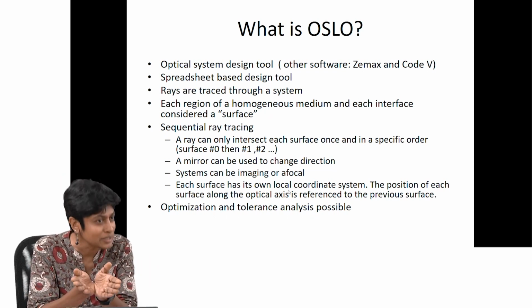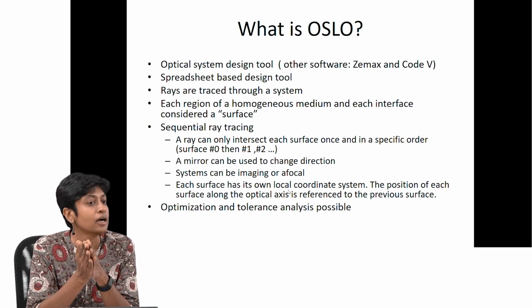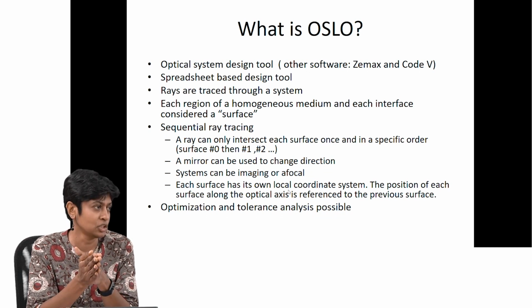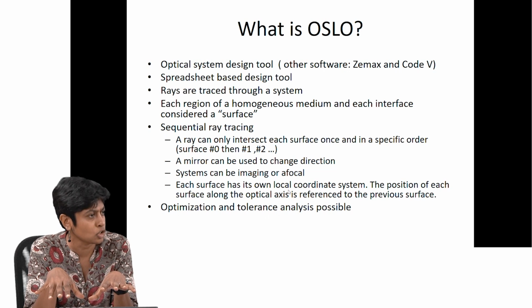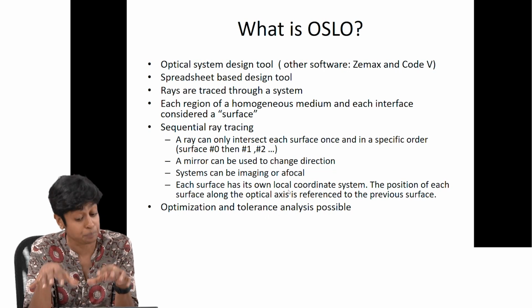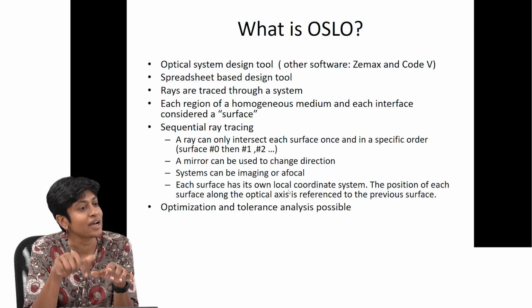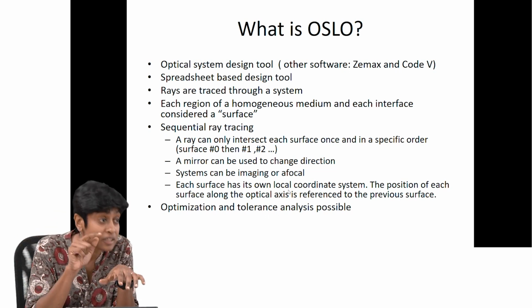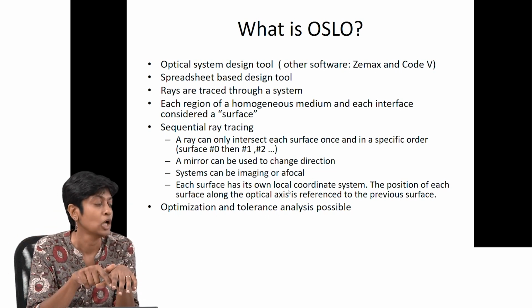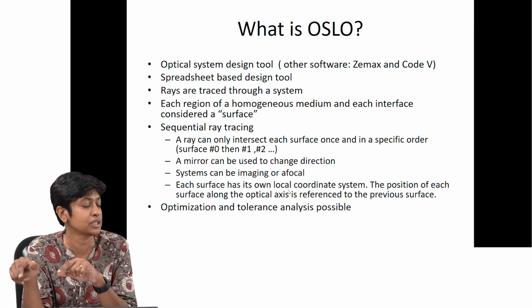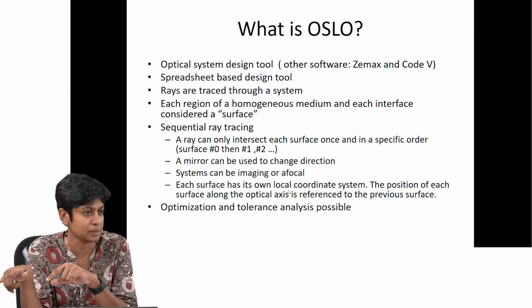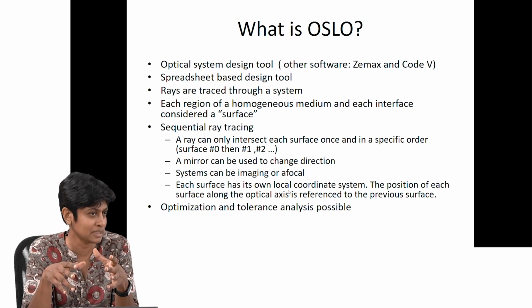Rays are not always paraxial. So, you are going to have aberrations in your system. You can set up the software such that you say find the image where this particular aberration is minimum, or optimize the curvature such that this particular aberration goes to 0 or becomes minimum. So, you can do a lot of optimization.